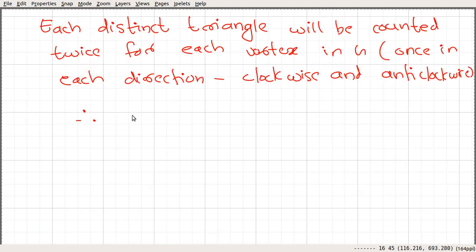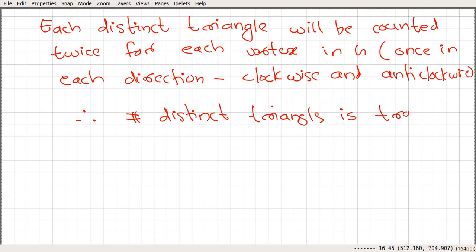So therefore the number of distinct triangles is going to be equal to the trace of x cube divided by 6. Thus we have the result.